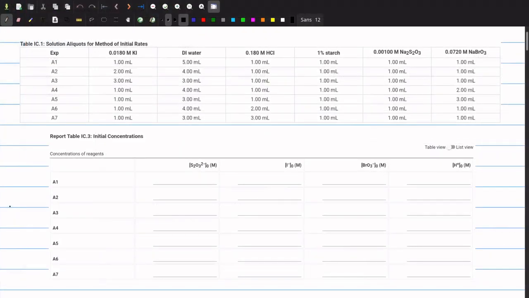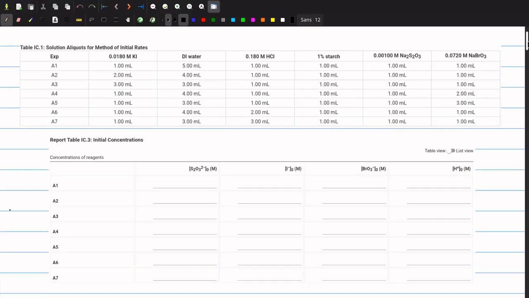If we switch over here, we can see that it is the data inside of IC1 that we are going to need to do this. Basically, if we look across here, we can see that they have various different volumes of each one of these solutions that they added to these.